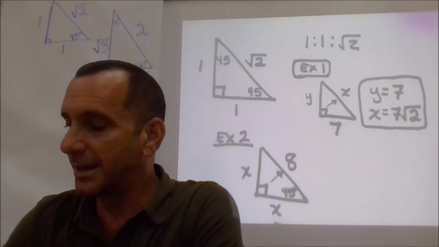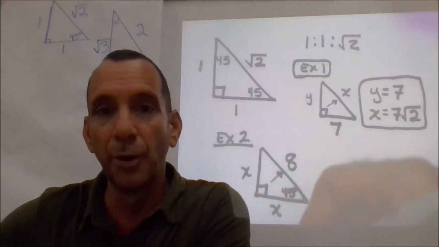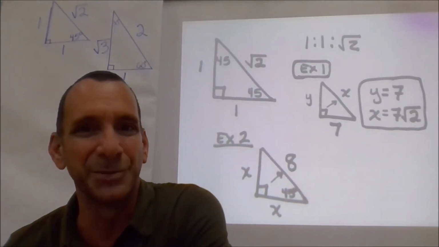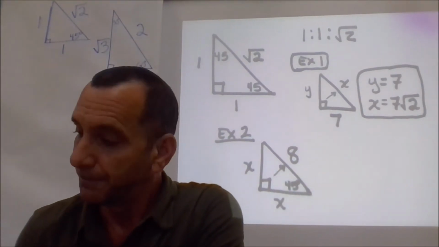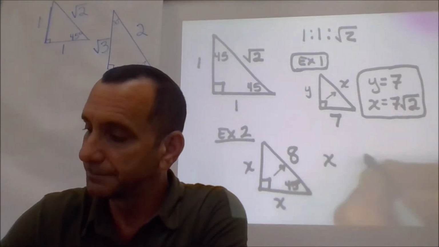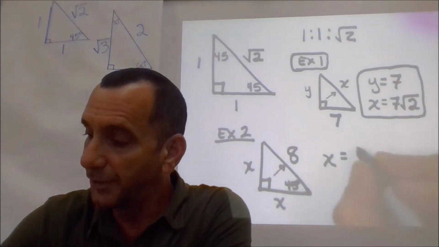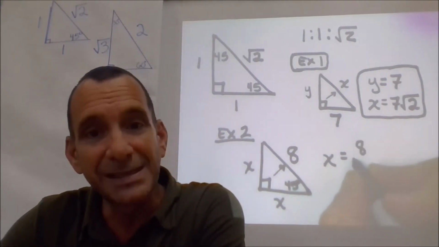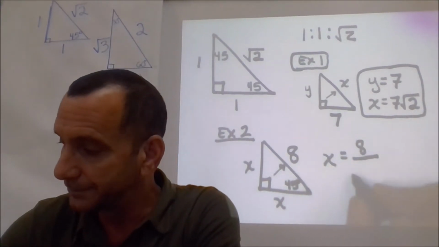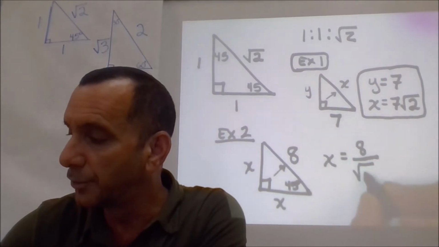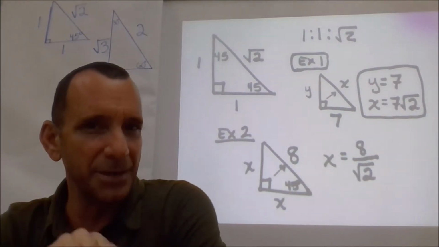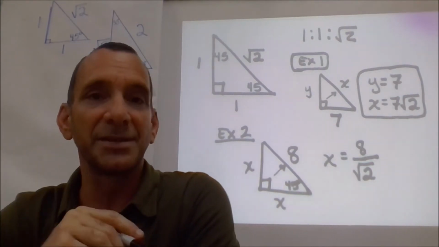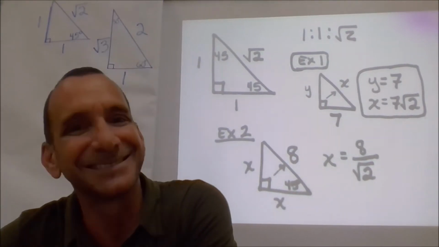Now, if the leg times the square root of 2 is the hypotenuse, and you're given the hypotenuse, the leg is really the hypotenuse divided by the square root of 2. The leg times the square root of 2 is the hypotenuse. The hypotenuse divided by the square root of 2 is the leg.